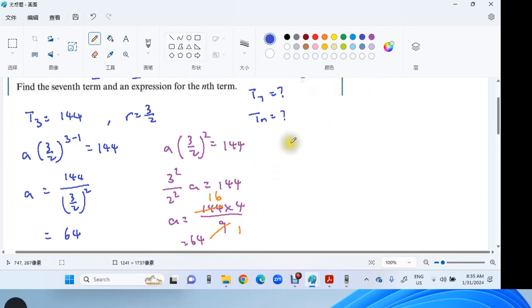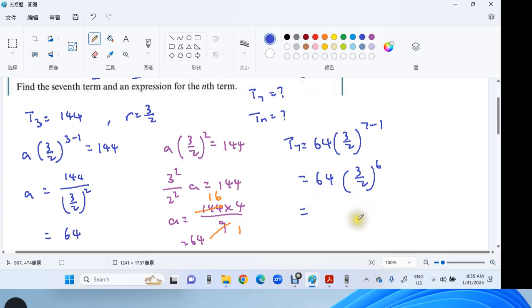Okay, so we want to find the 7th term, then it will be 64 times (3 over 2) to the power of 7 minus 1. So 64 times (3 over 2) to the power 6.